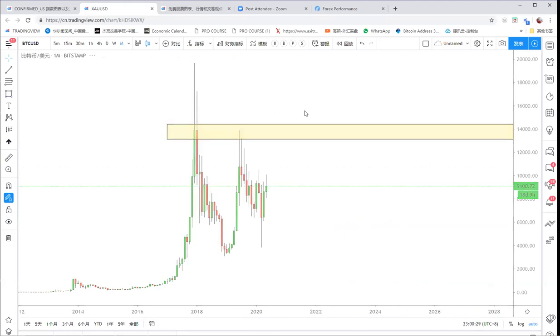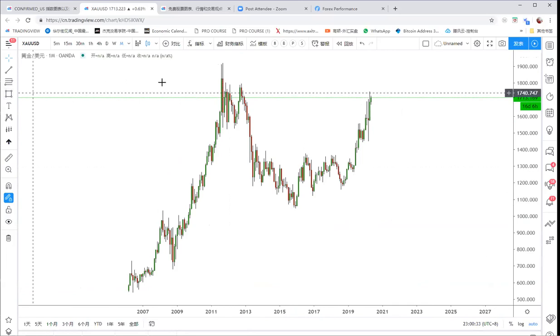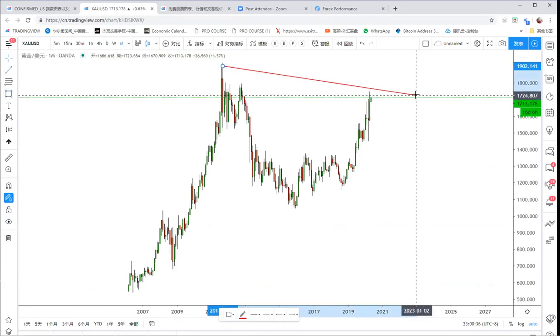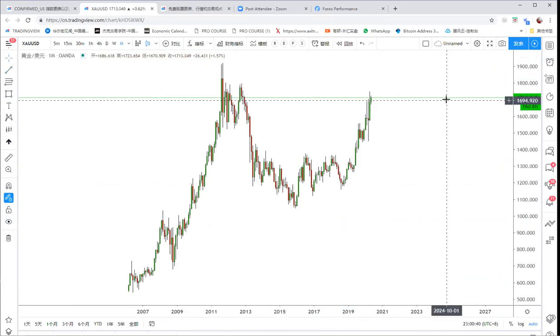You can see when gold touched $1,900, 10 years passed and it never came back to this level. So it's hard for Bitcoin to make another rally beyond 20K in the near future. Maybe after like 30 years or 50 years, I don't know.